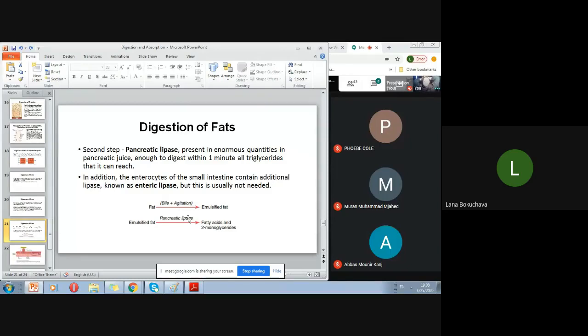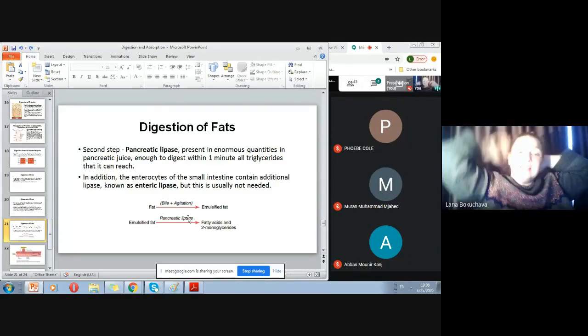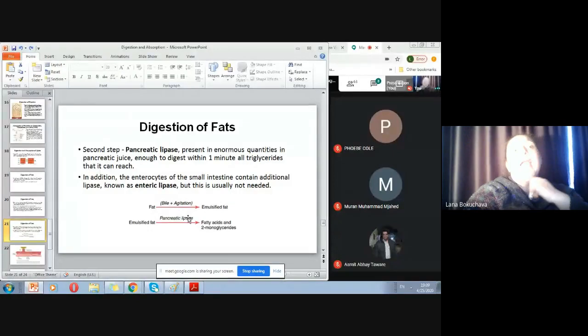What is interesting is that there are some additional types of lipases seen in the epithelial cells of the small intestine, which also contain lipase. But this is the type of the enteric lipase. Although after the complete emulsification and the pancreatic lipase, most commonly these enteric types of lipases are not needed and are not used in the digestion of the fat.